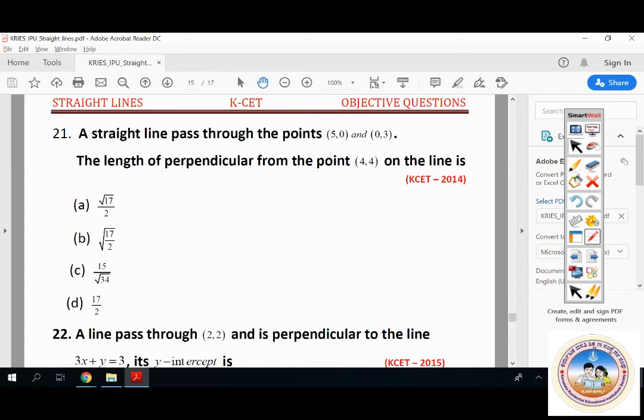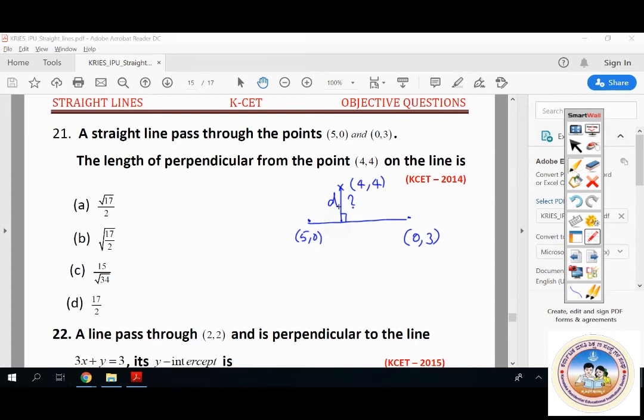Now we write the line segment joining these 2 points 5, 0 and 0, 3, like this. You are drawing a perpendicular to this from 4, 4. So I should find out the length of the perpendicular. What is the length of the perpendicular?